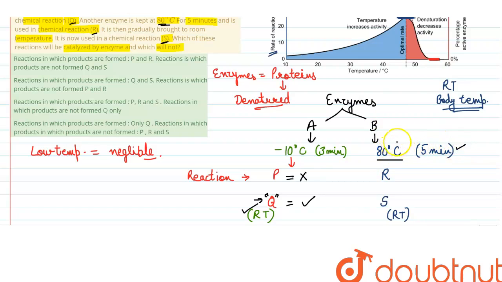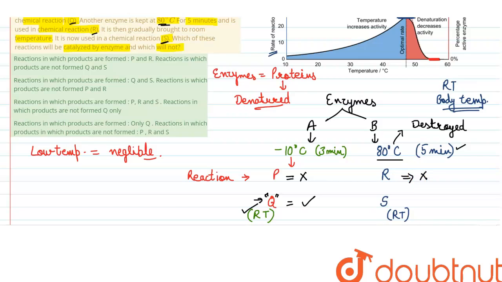Now talking about the second enzyme B, it was kept at 80 degrees Celsius for 5 minutes. That means this is a very high temperature, and here the enzyme structure would be destroyed, right? And immediately after this, it was used in chemical reaction R. Because it has been destroyed, here the product will not be formed.